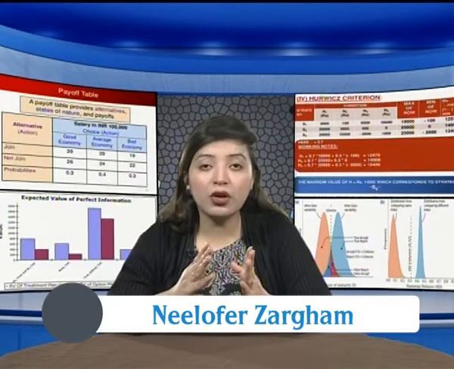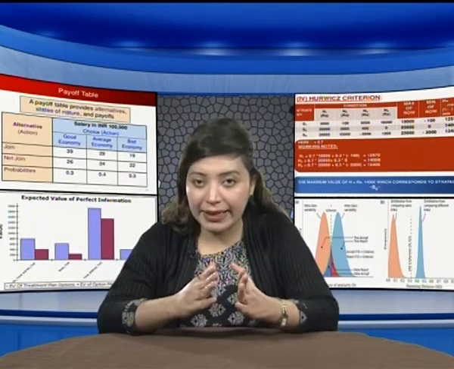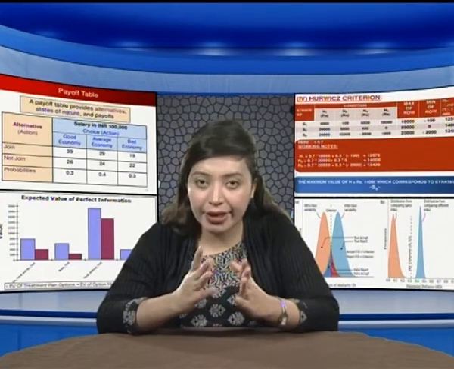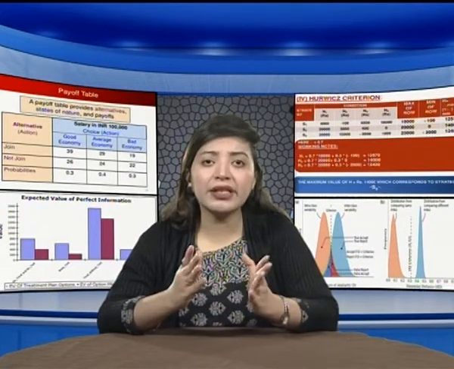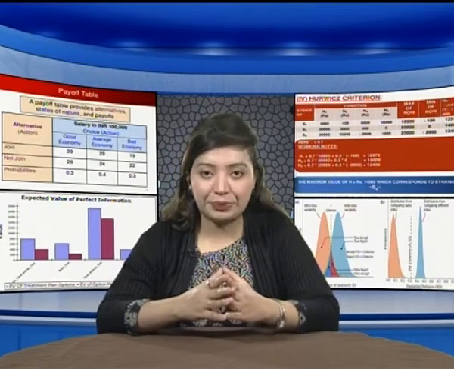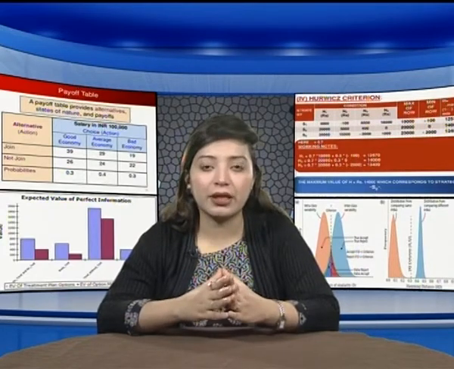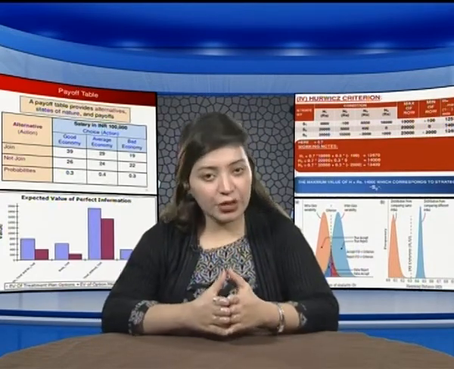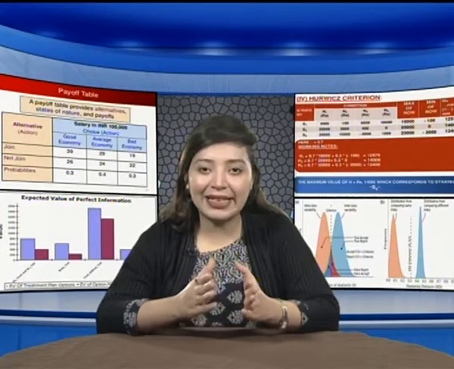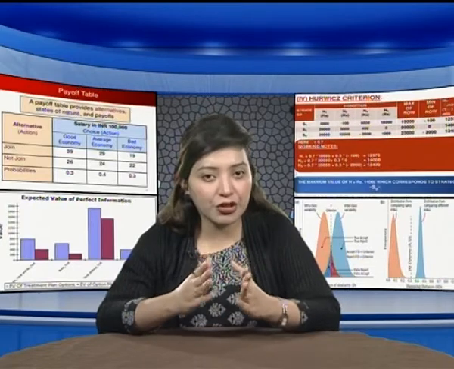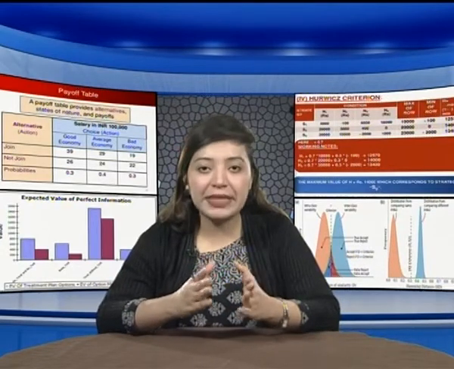We have also learned how to calculate the expected value of perfect information, EVPI, and have illustrated some non-probabilistic decision making criteria such as the Minimax criteria, Maximax criteria, Minimax regret criteria and so on. We have also discussed the decision tree approach in decision making. So, that finally brings us to the end of the session. We are finally ending here the last chapter of statistical decision theory, and that completes the subject.